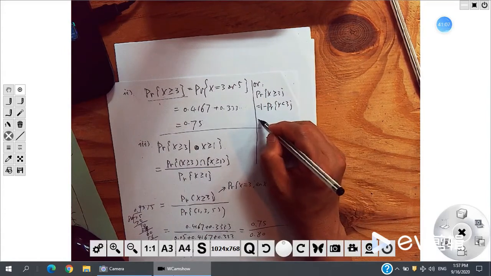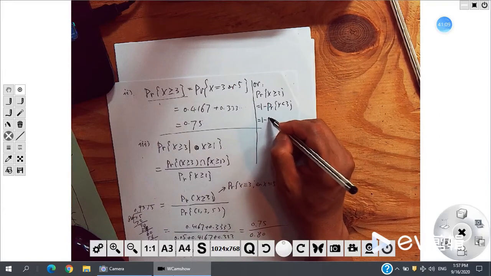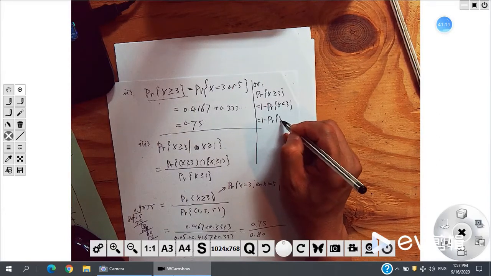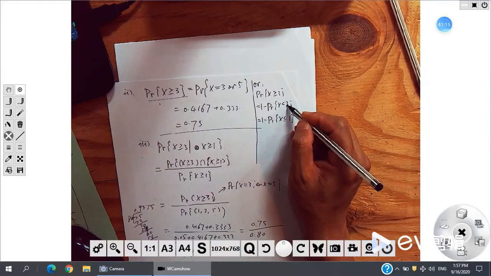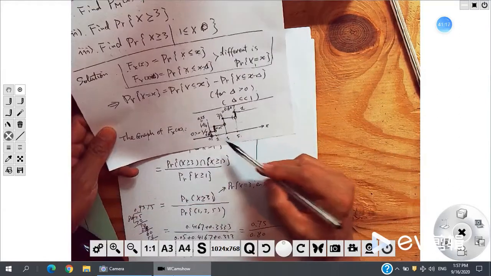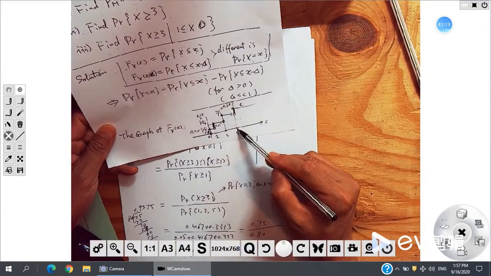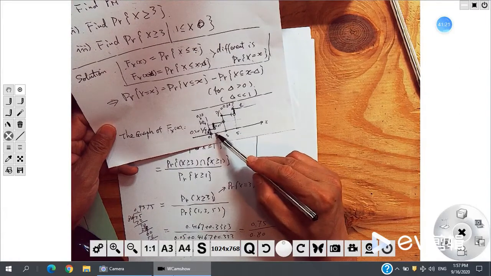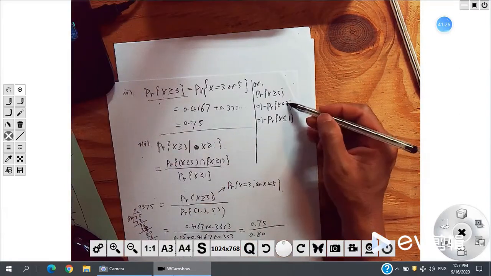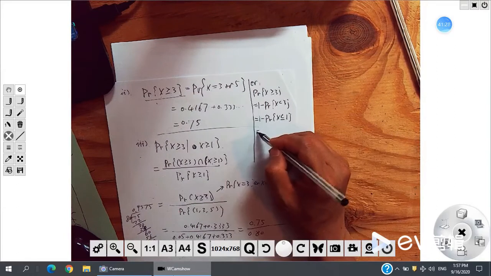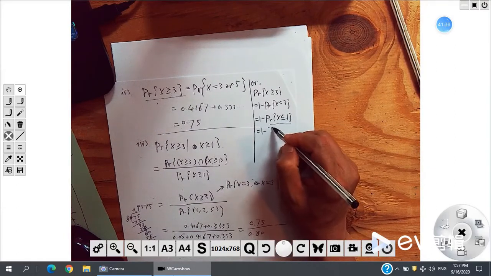Smaller than 3, in this case, is just the probability of x smaller than or equal to 1. It cannot be 3, since our values are 0, 1, 3, and 5. So smaller than 3 includes 1, and this also works. And 1 minus this is F_X of 1.